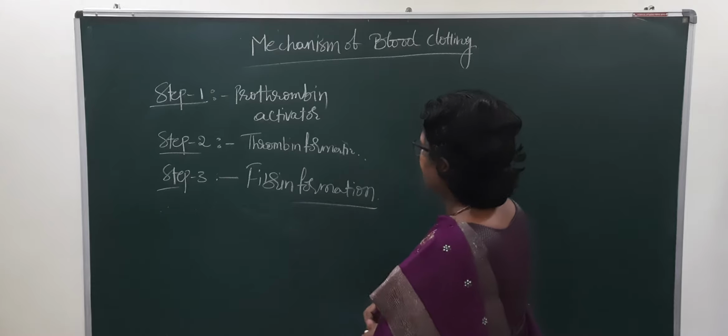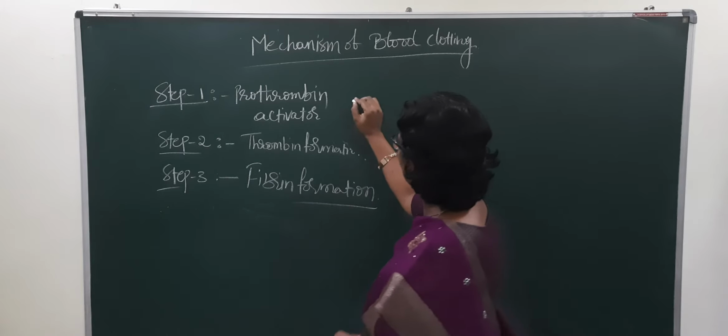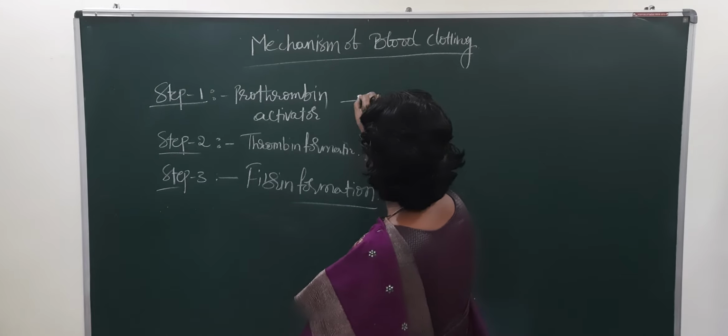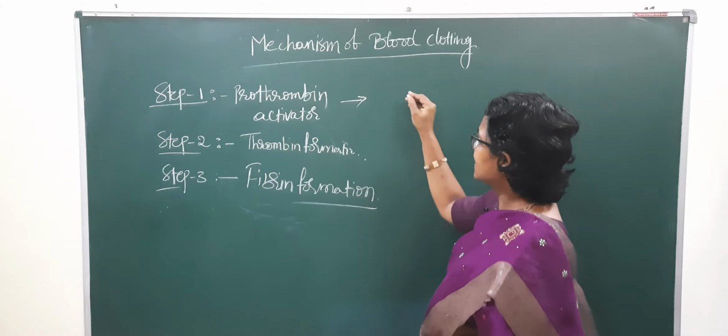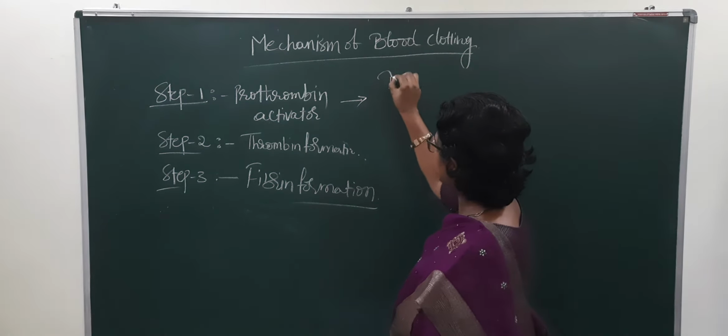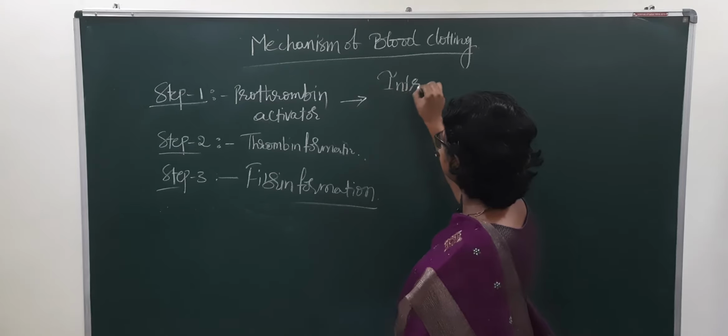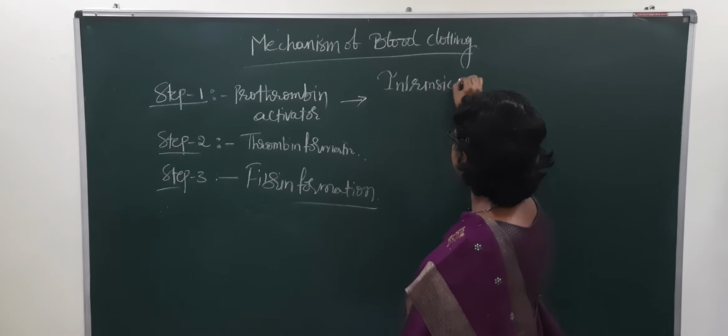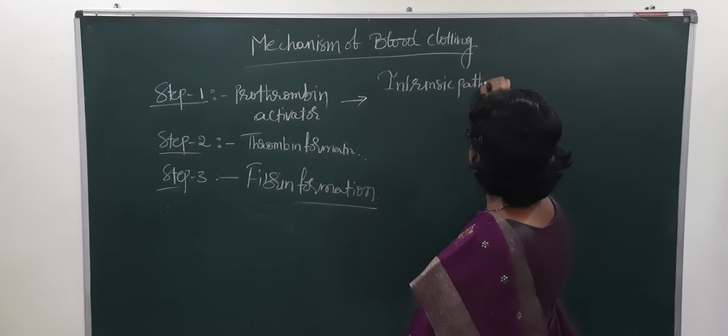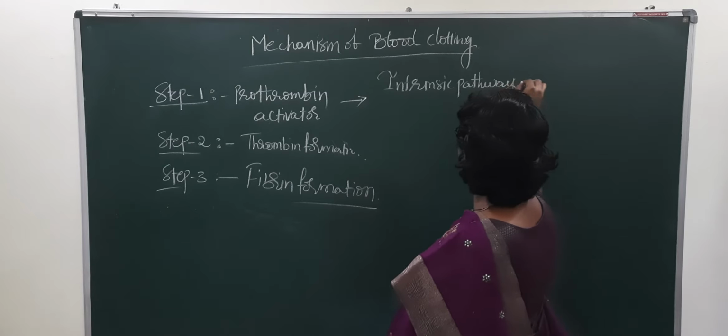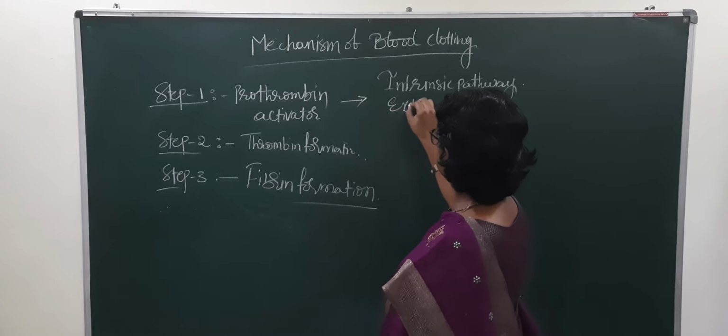Here, prothrombin activator formation, I am saying. Here in step 1 there are 2 pathways: the intrinsic pathway and the extrinsic pathway.